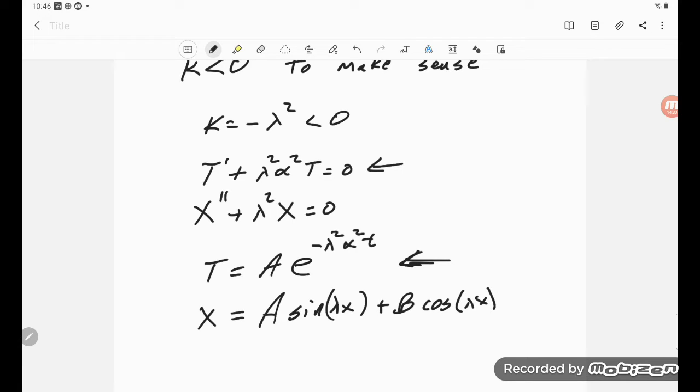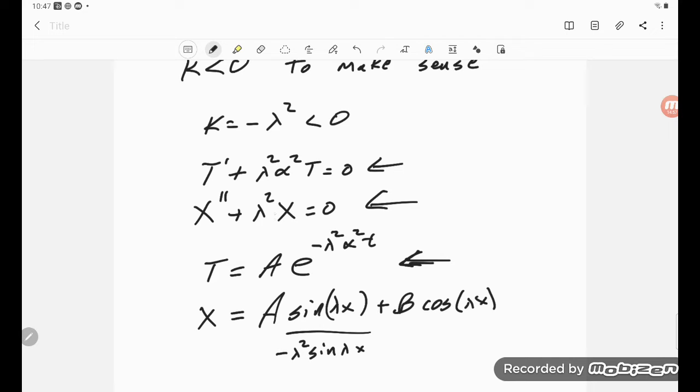And if you check these, try putting sine lambda x in here, take the second derivative. What you get is the second derivative of sine lambda x is minus lambda squared sine lambda x.